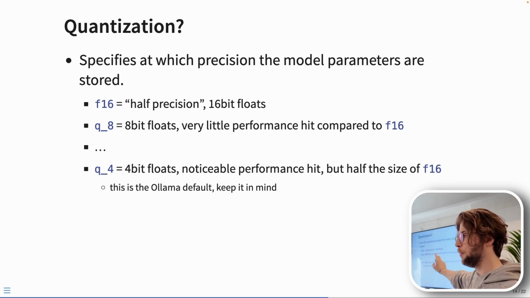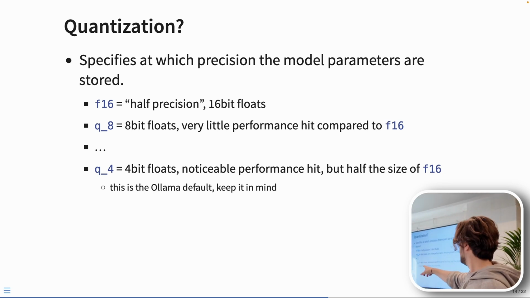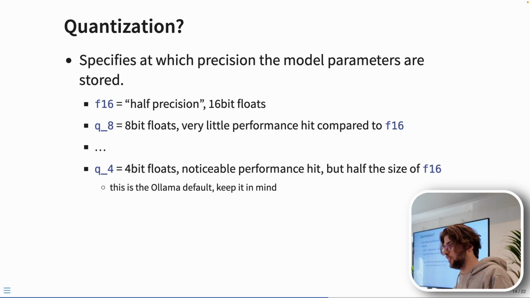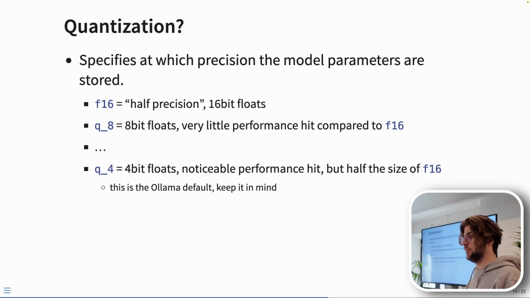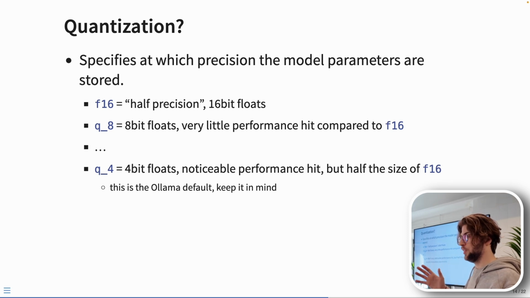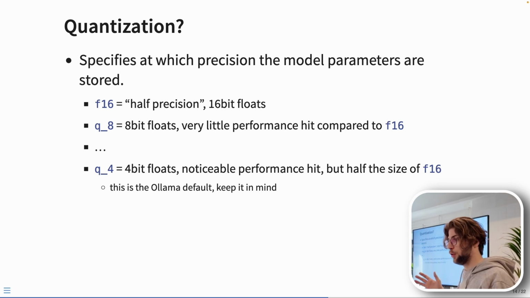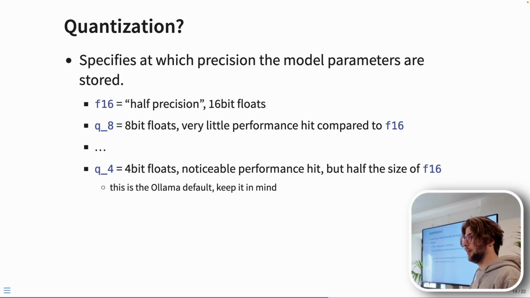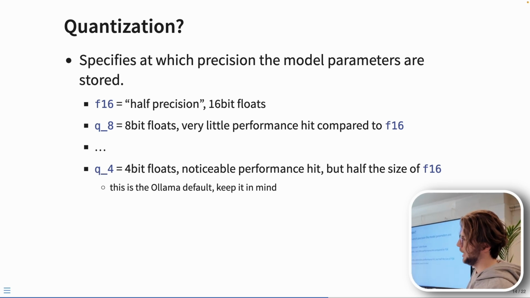So if you just go for a llama, it will give you a Q4 quantization, which is about half the size of an F16, which is mad, because all of a sudden a model goes from 50 gigs that you cannot run on a 32 gig machine to 25 gigs, which runs no problem. And then you will take a hit in performance, a slight hit.